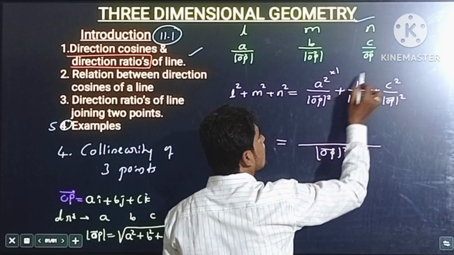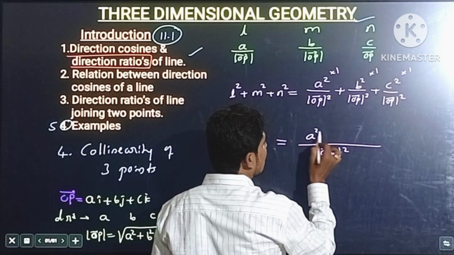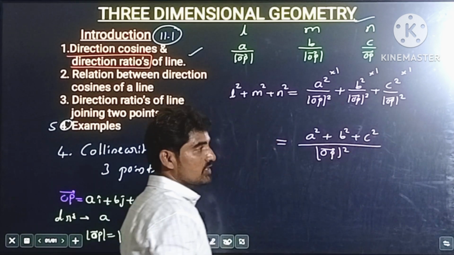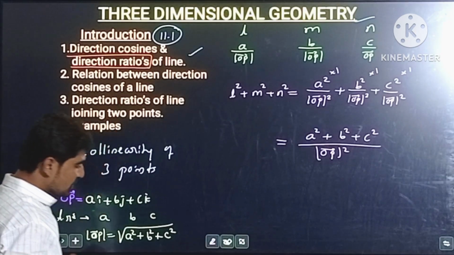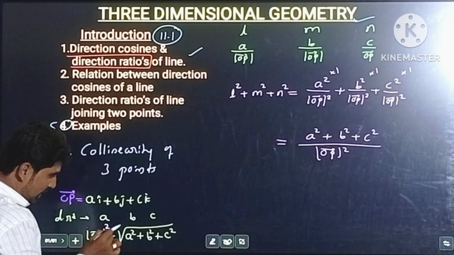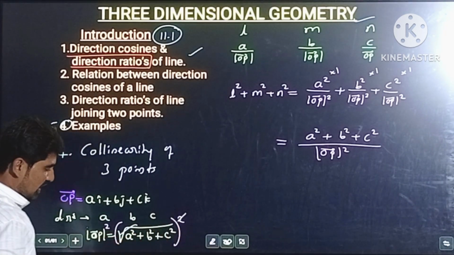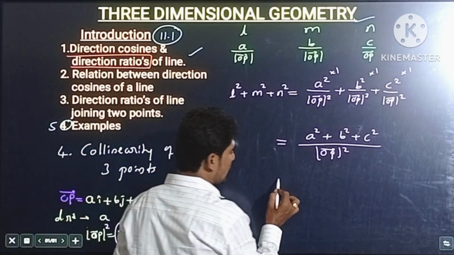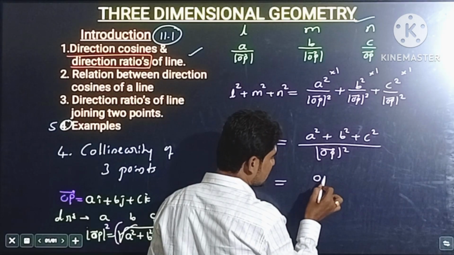Multiply by 1 here, by 1 here, and by 1 here also. So A square into 1 is A square, B square into 1 is B square, plus C square into 1 is C square. So observe here, the magnitude of the OP vector is root of A square plus B square plus C square. If I square both sides, then on the right side the square and square root get cancelled, leaving A square plus B square plus C square. Therefore, in the numerator, A square plus B square plus C square can be replaced by what?